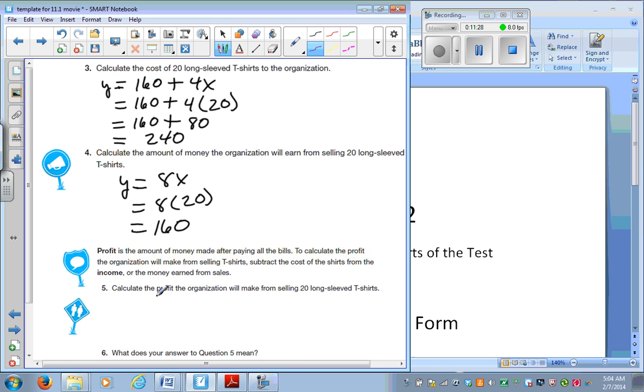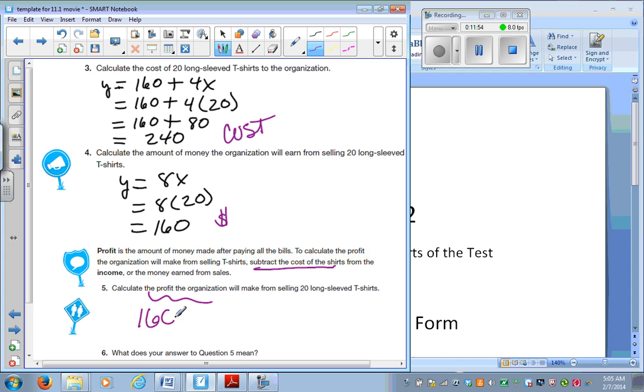So you're supposed to answer the question, calculate the profit the organization will make from selling 20 t-shirts. So subtract, this is your cost up here. So subtract the cost from the money that you make from selling the t-shirts.